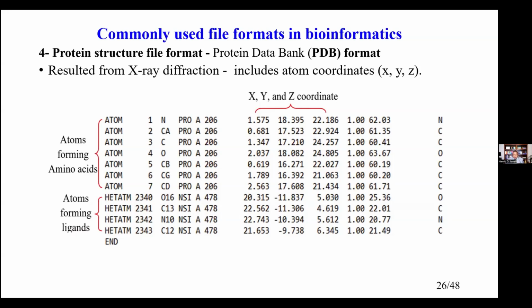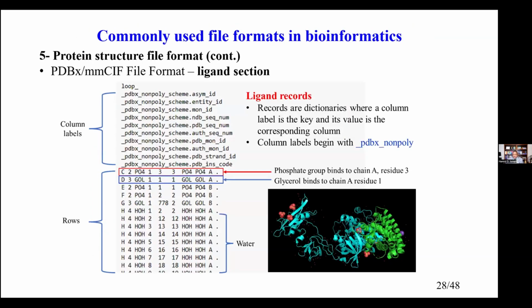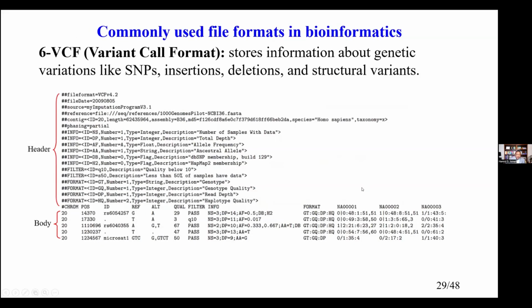This one is not supported anymore, but as you see, it includes the atoms and the coordinates. And the second one is PDBx. This is supported right now, and it is very flexible, and both of them can actually be used now. They are used to visualize the structures of proteins by using some software.